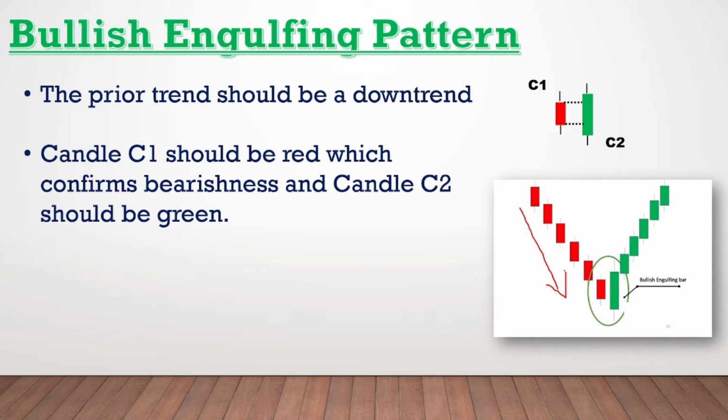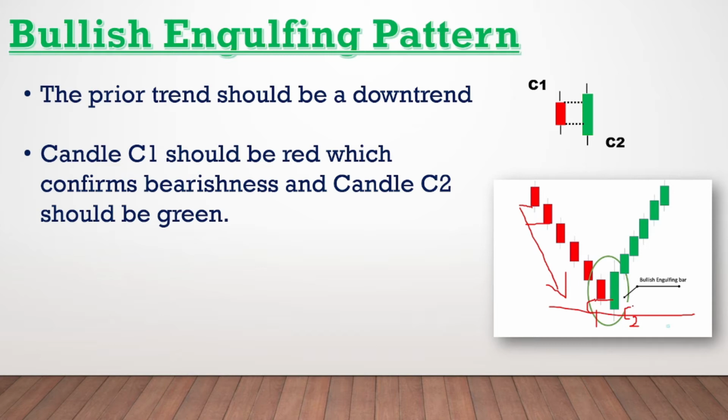When we say a trend is a downtrend, friends, the market opens lower compared to the previous day's close and again closes lower to form a new low. This is what it indicates during a downtrend. To confirm the bearishness, let us assume this is candle C1, and it has closed with a new low, which indicates that the market is completely controlled by the bears.